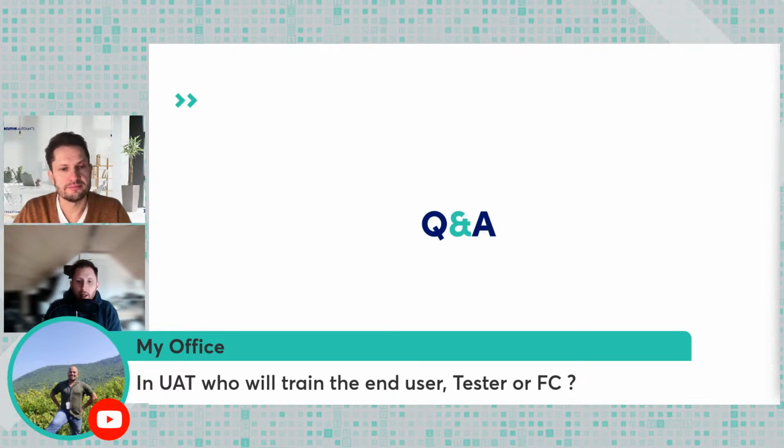Then the tester will take it over for applying some functionalities, because we want to make sure that the test case will be reusable. So the tester can apply their Excel files, optional steps, and a lot of logic to make sure the test case which was recorded by the business will be repeatedly used. That's the goal. And when they've done that, they are able to build the documentation. And the tester can, of course, distribute the documentation to the end users to show them how the process works.